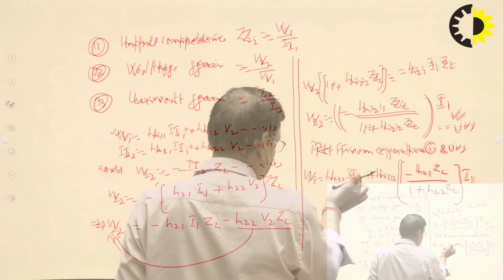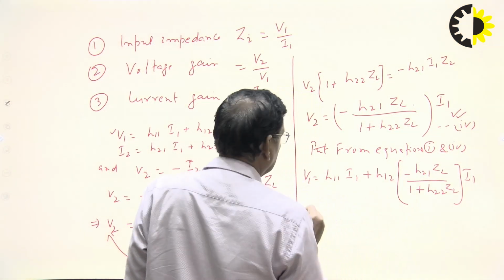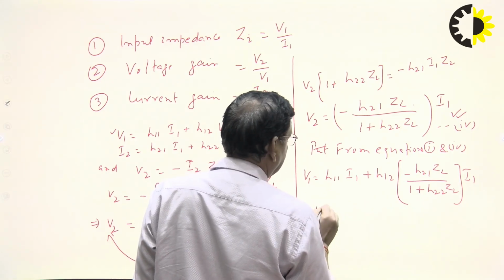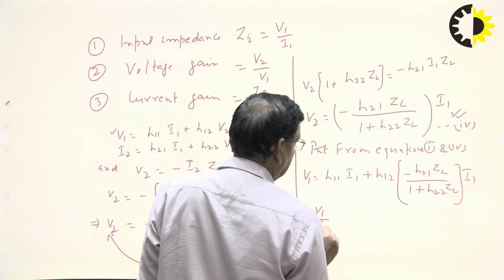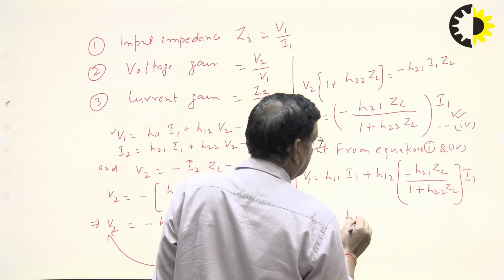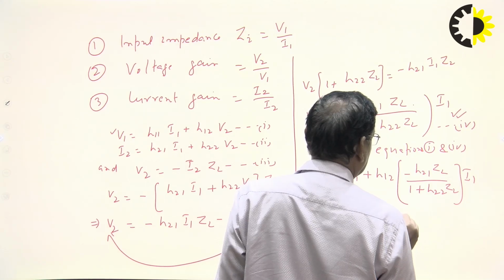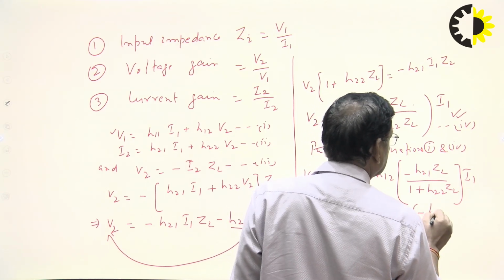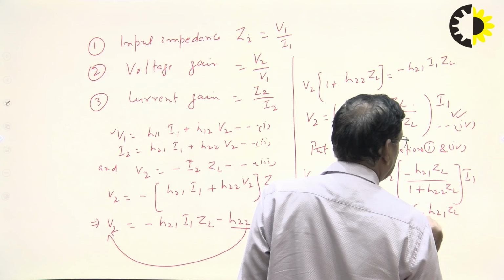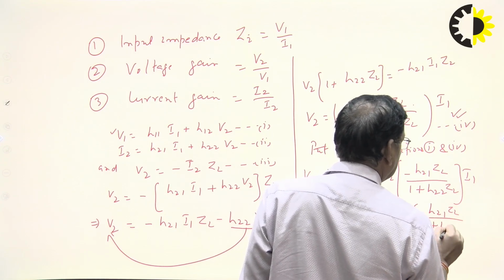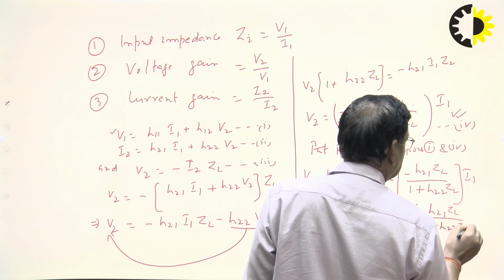So here is I1, this is I1. So we can get V1 upon I1 equal to H11 plus H12 into minus H21 ZL upon 1 plus H22 ZL.